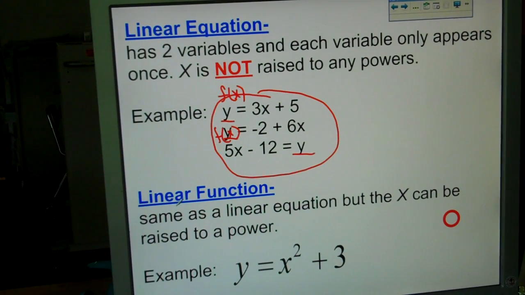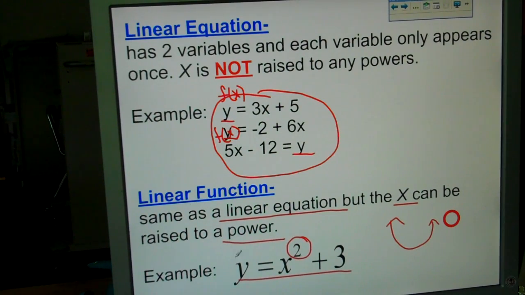A linear function is a little bit different. It's the same as a linear equation, except the big thing is x can be raised to a power. So here we have y equals x squared plus 3. The big thing is this exponent right here, and it's going to make it look different. If you have a graphing calculator, I would recommend that you plug that in and see what it looks like. You should get something that looks like a U shape.